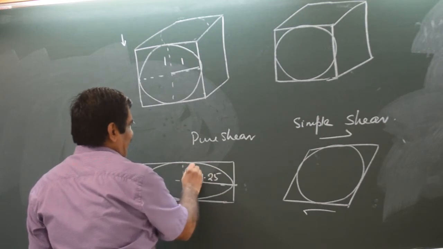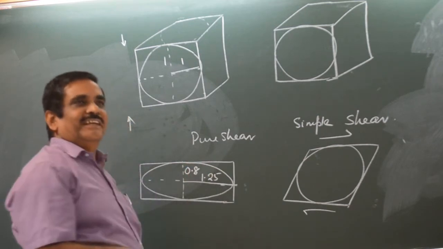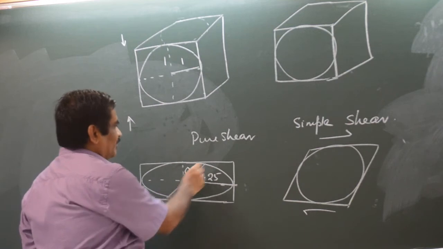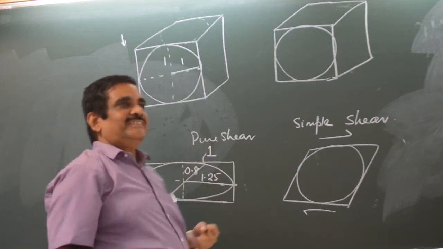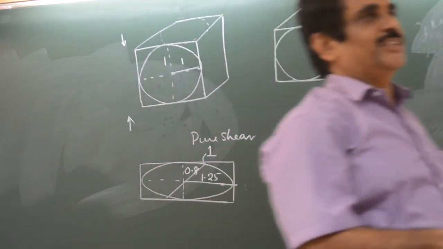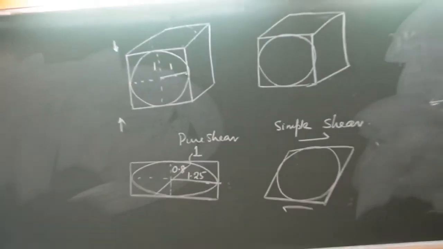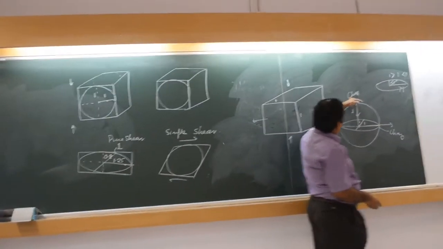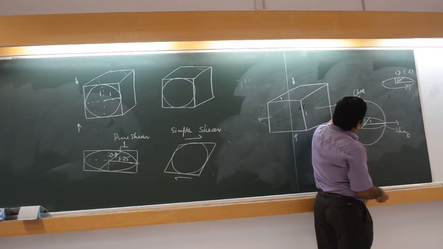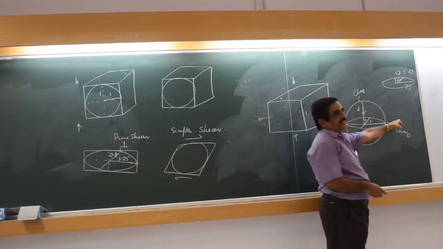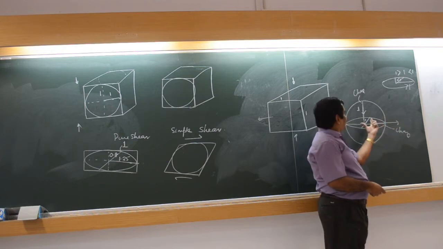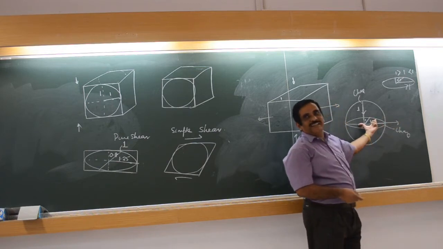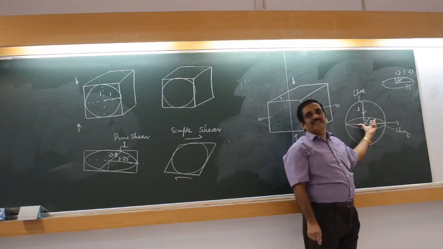This will become 0.8. The other dimension, the third dimension, will remain 1. I will tell you where I got this figure. Why am I putting these figures? You see, when I am pressing it, this material that comes inside will only go outside, because you are keeping this dimension constant.